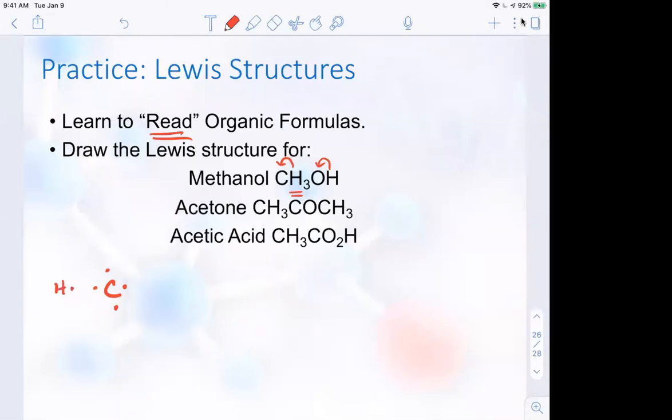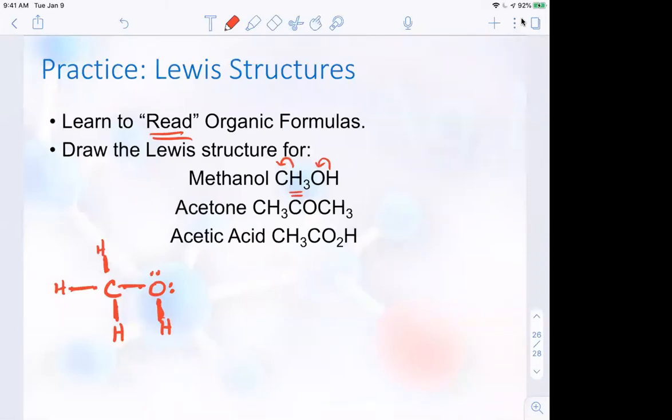I'm going to have 3 hydrogens, and then I'm going to have oxygen, and then I'm going to have a hydrogen down here. So if I actually connect the dots, what I see is I just wrote the Lewis dot structure for methanol.